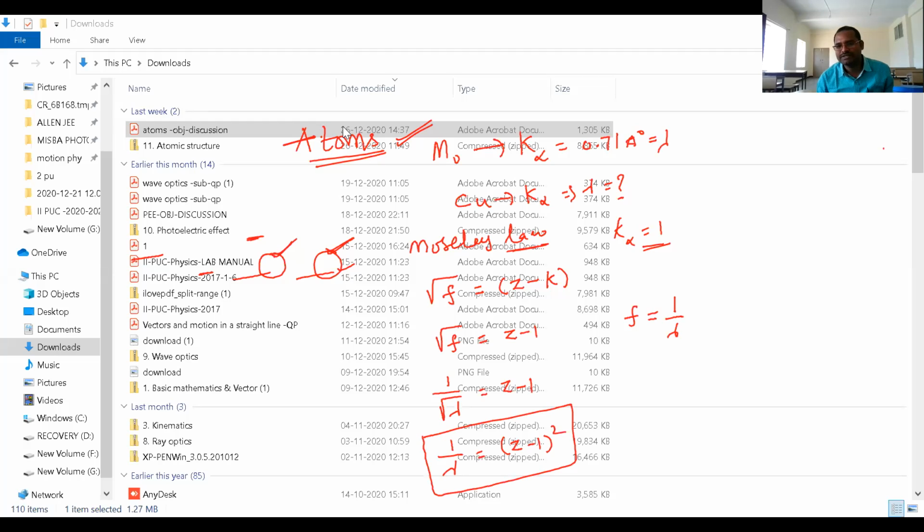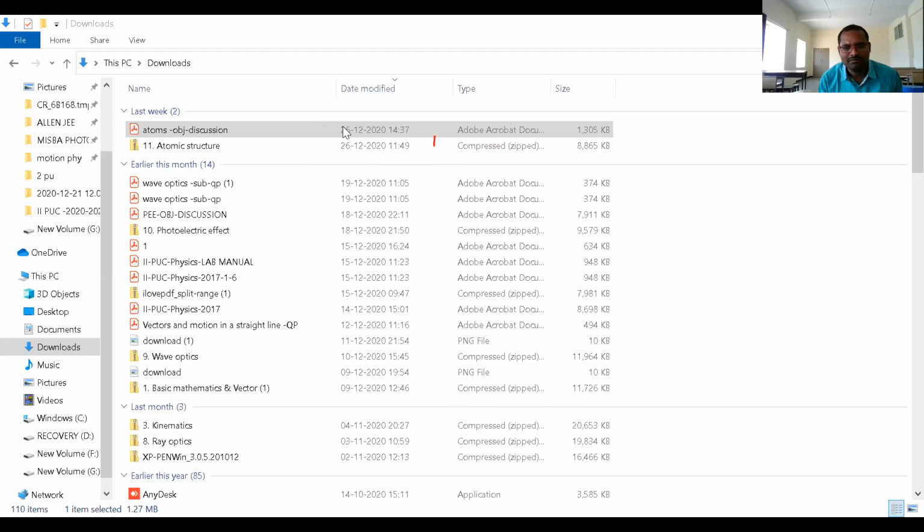So 1 by lambda is equal to (Z minus 1) whole square. First, lambda of molybdenum they have given, it is 0.71 angstrom.